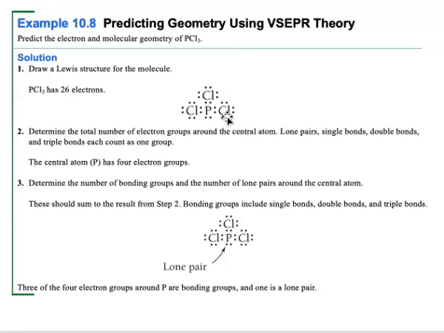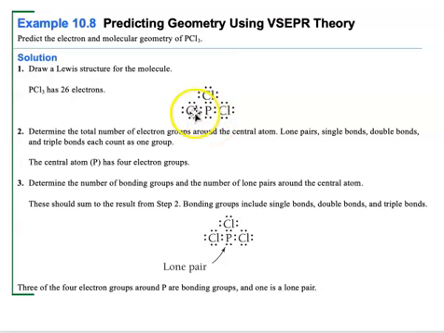So we're going to determine the total number of electron groups around that central atom. Lone pairs, single bonds, double bonds, triple bonds, each one of those is going to count as a single group. So the central atom has 1, 2, 3, 4 electron groups around it.